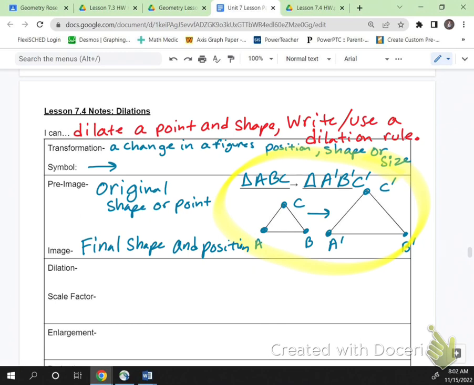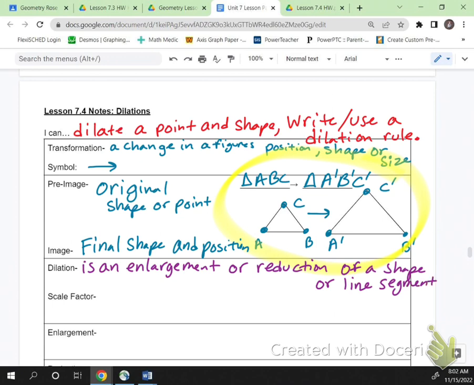And now we'll start defining dilations. A dilation is an enlargement or a reduction of a shape. Enlargement or reduction of a shape. I'm also going to add in or line segment.